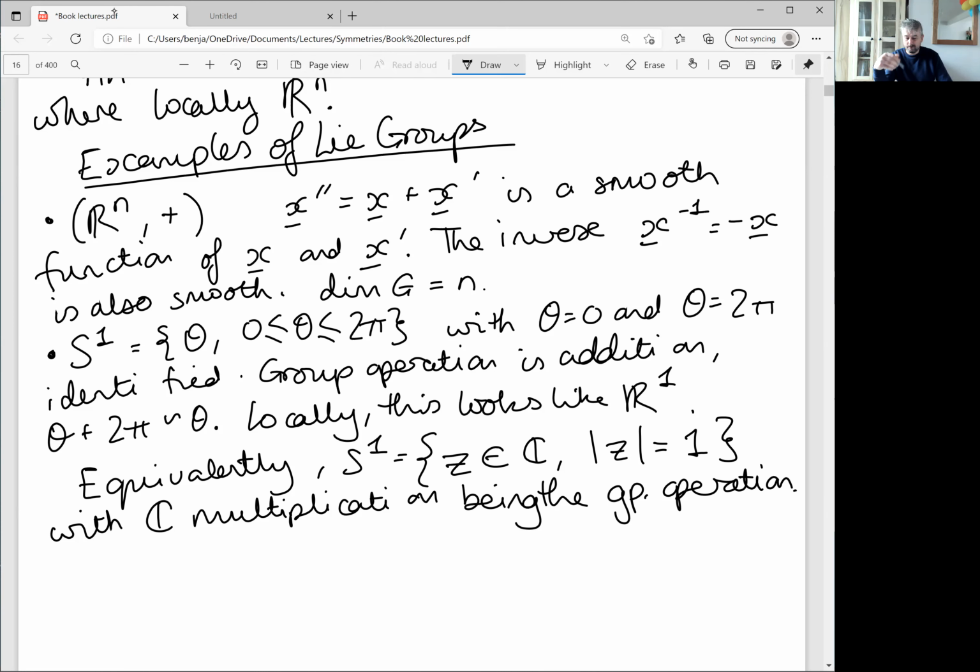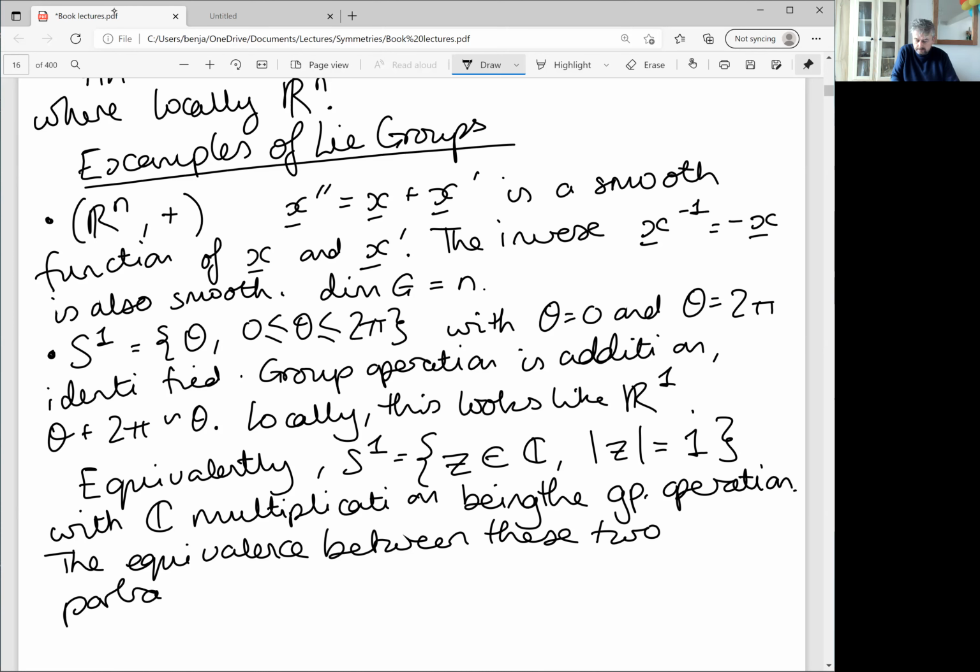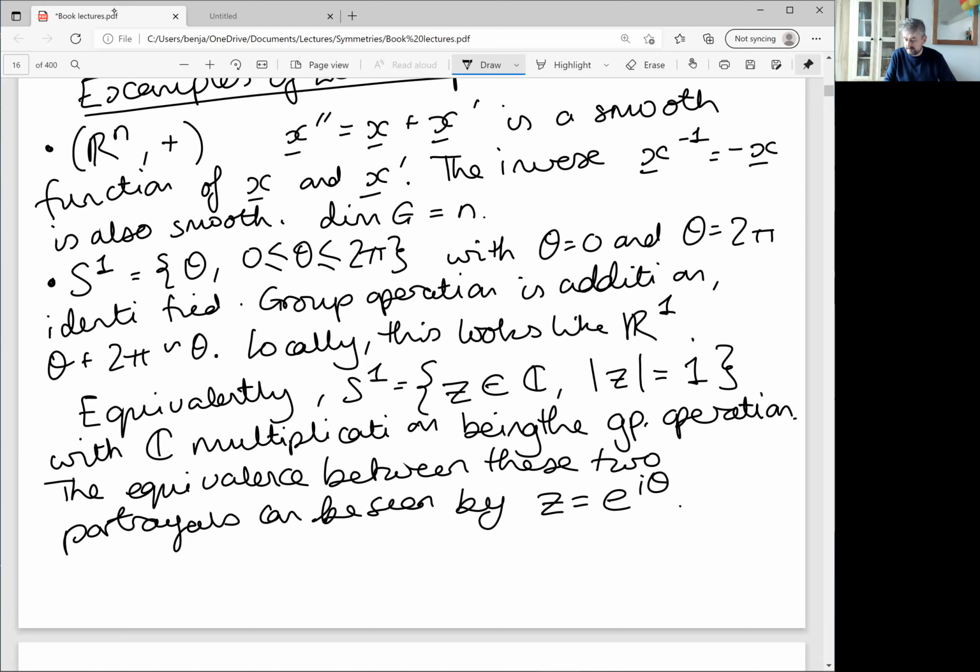And so there's an equivalence between these two portrayals in terms of the real parameter and this complex parameter, and there's an explicit map. And so the equivalence between these two portrayals can be seen by z is e^(i theta). So of course, when you multiply a z and a z prime, the equivalent thetas just add in the exponent.